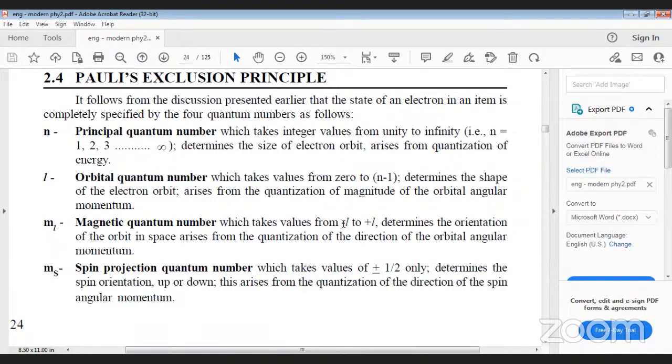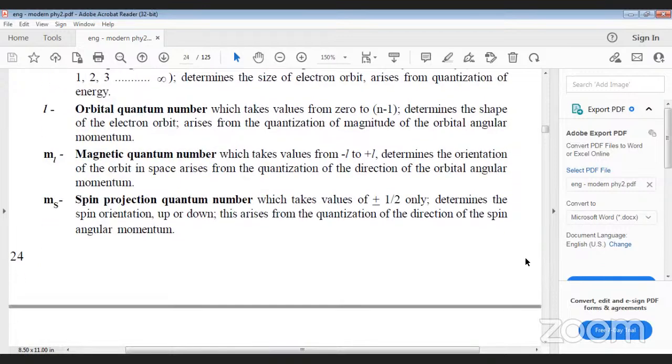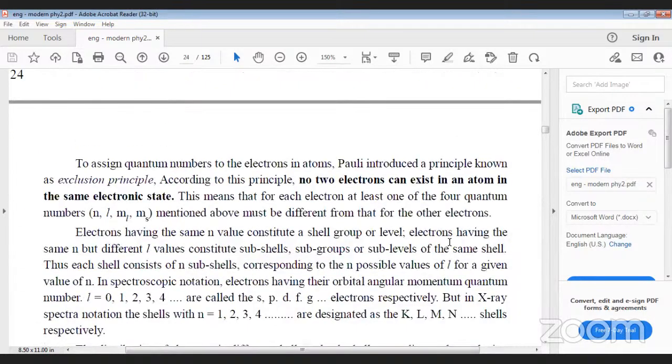Next, the m_l values, magnetic quantum number. These values are minus l to plus l, which determine the orientation of the orbit in space, arising from the quantization of the direction of the orbital angular momentum. Next, the m_s value, spin quantum number. These values are plus or minus half, which determines the spin orientation, whether upward or downward, also arising from the quantization of direction of the spin angular momentum. So these are the quantum numbers for the electrons in an atom.